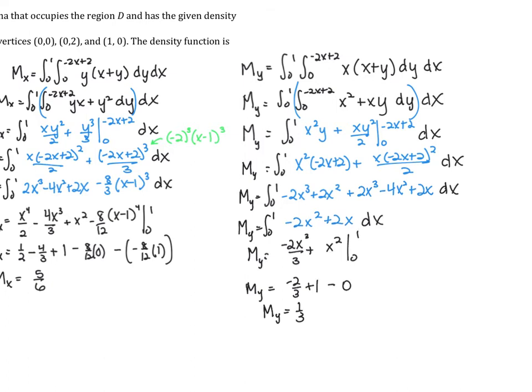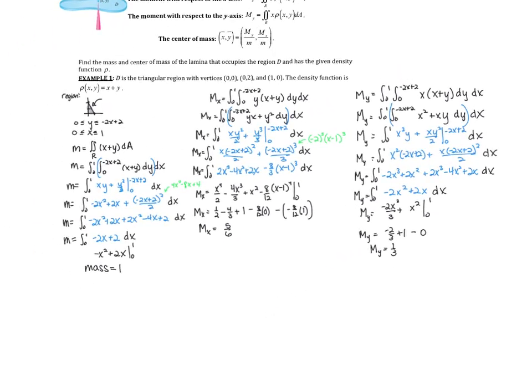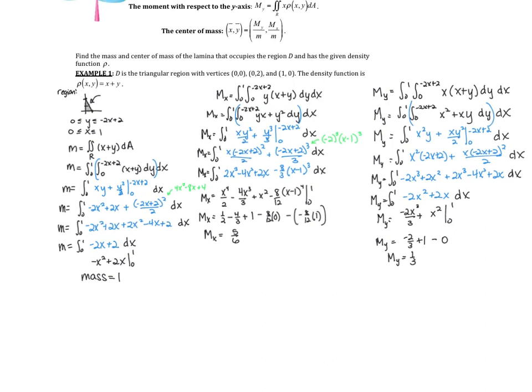Okay, well, let's talk about what that means. I'm going to zoom out just a minute so I can fit this all on the page. What that means is my center of mass, the place where this particular lamina is balanced.